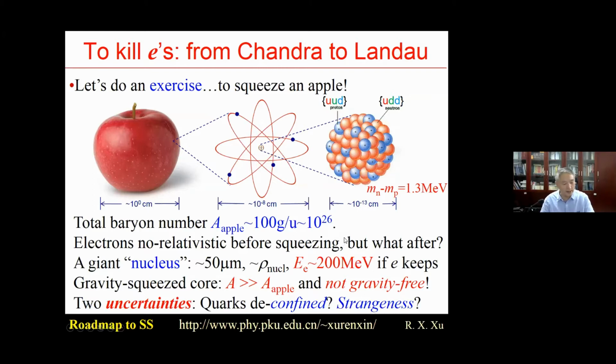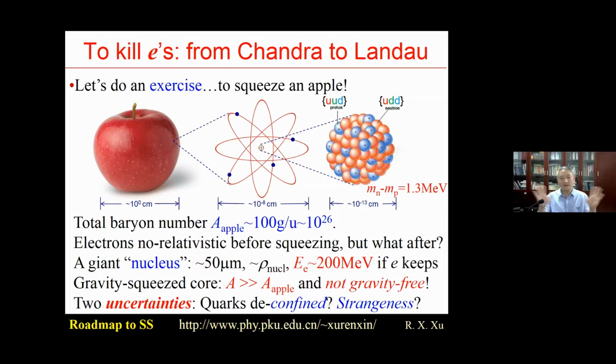Actually, in the era of Landau, at that time only the proton and neutron were considered as elementary particles. So they could only think about the conversion of an electron and a proton.